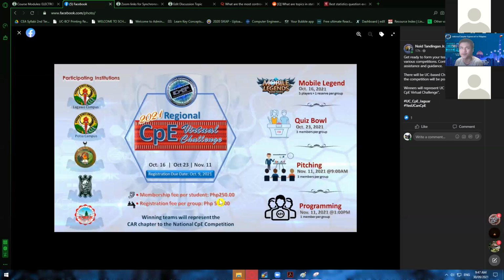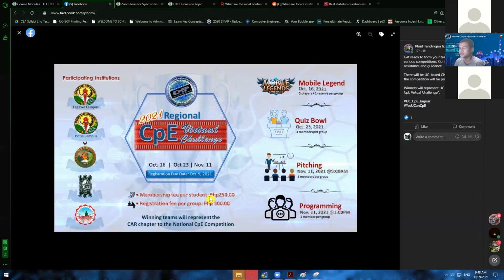I think it's for 1 year. So we have this membership fee per student of 250 pesos, and then a registration fee of 500 pesos per group. This registration fee per group is separate from your membership fee per student. So if we have 5 members, 1,250 plus 500 is equal to 1,750.